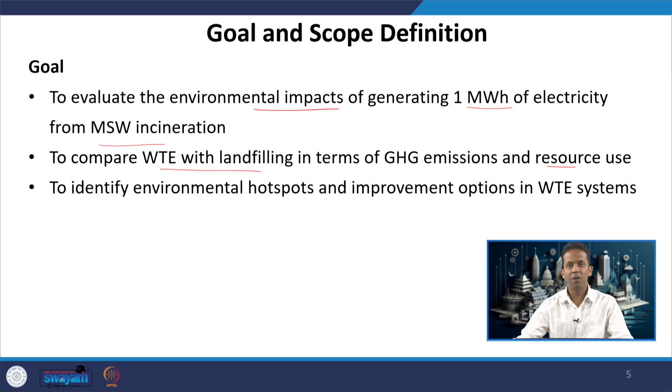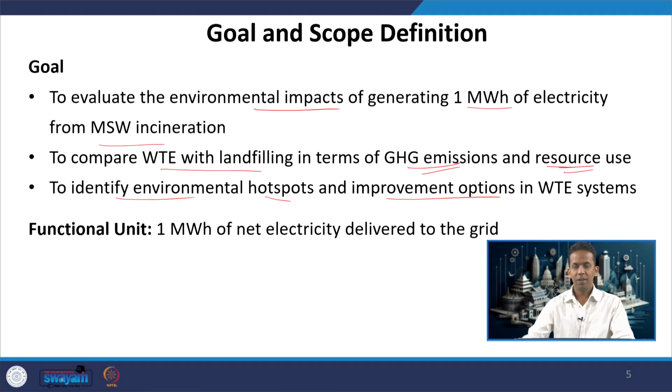GHG emissions are important, because there are emissions both from the landfill and from the waste to energy plant. But in terms of resource use, waste to energy may be on the positive side, because we are putting waste to use as a resource. The third objective is to identify environmental hotspots and improve the options in waste to energy systems. Those are the goals of our study.